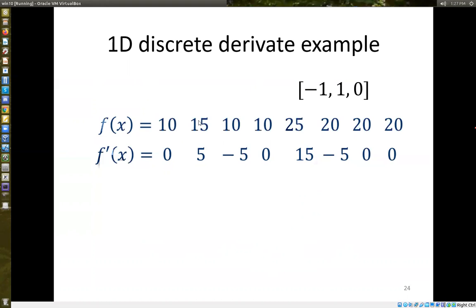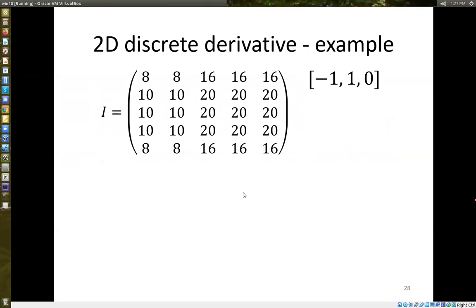This one would be equal to this thing dot product with this filter, so I get 15 minus 10, which is 5. Then for this part, I do a dot product with the filter, so I have 10 minus 15, equal to minus 5. So this is another example here.